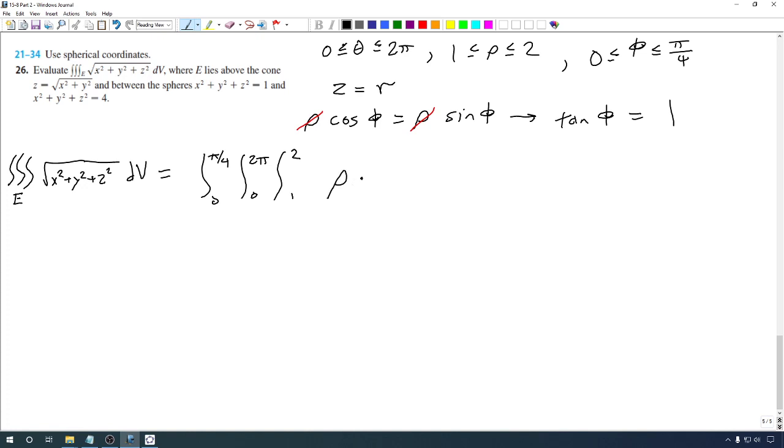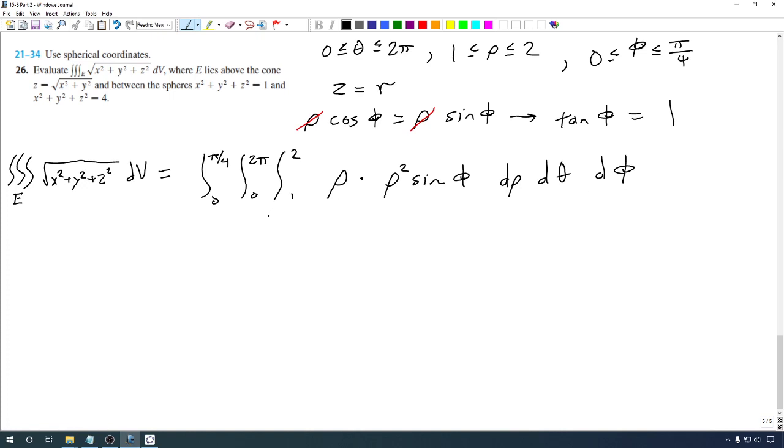We don't have to plug in the formulas for x, y, and z, and then try to use the sine squared plus cosine squared equals 1 formula multiple times to simplify that down. Just recognize that x squared plus y squared plus z squared is just rho squared. Of course, we do have a rho squared sine phi as part of doing spherical coordinates. And then we have d rho, d theta, d phi.